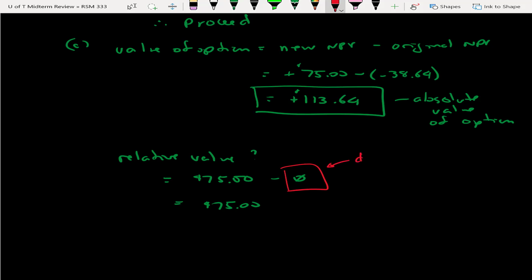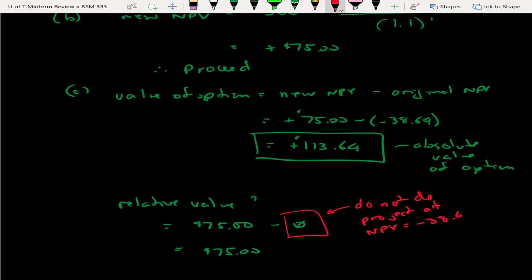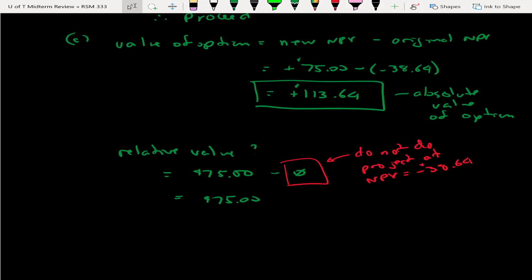Okay, so you do not do the project at an NPV of negative 38.64. So it's assuming we would have proceeded at 38.64 as a loss, and the 75 is the difference. But really what would have happened is we would have abandoned it. So that's another way of valuing this, and that's called the relative value, and that's probably more realistic.